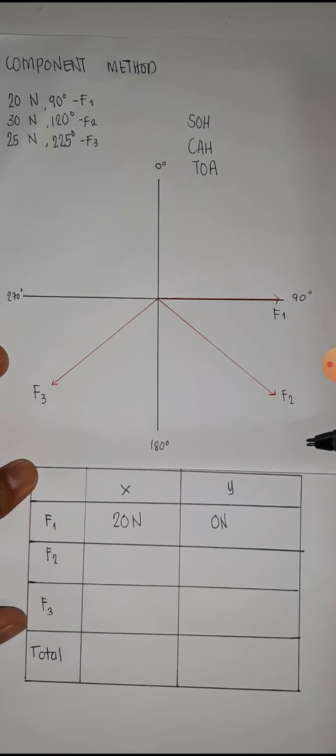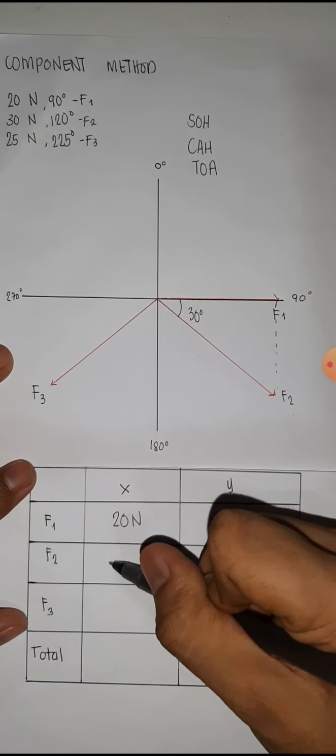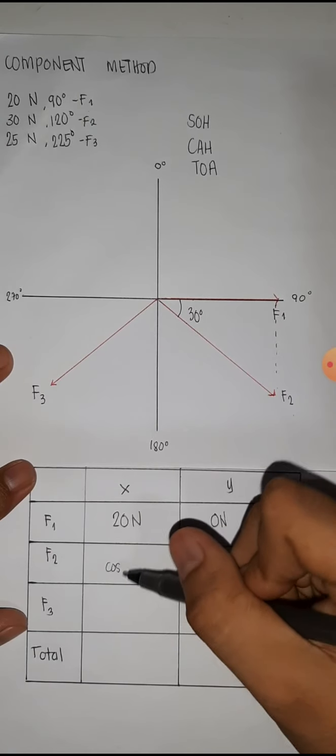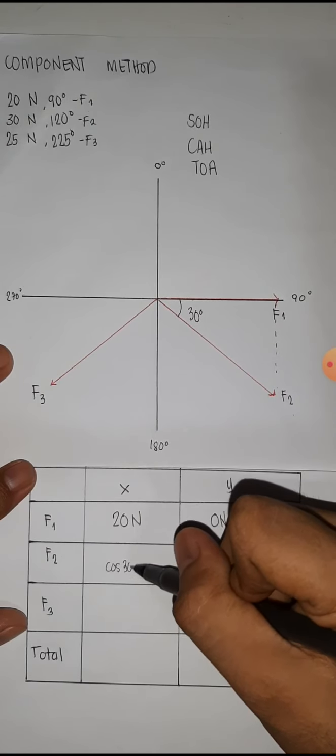From this angle, the x-axis is adjacent, and this one is the hypotenuse, so we'll be using the function cosine. The angle is 30 degrees, and the given magnitude is 30 Newton. That is how we calculate the x component of your second vector.